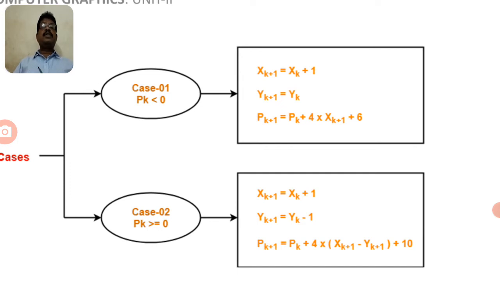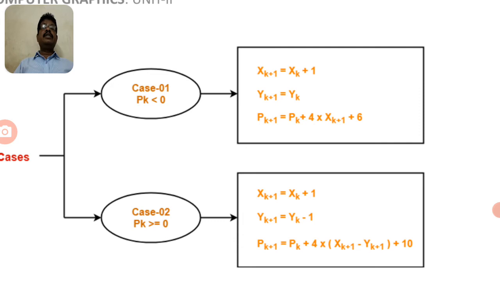Case 1: pk is less than 0, which is a negative value. If it is negative, the next coordinate values are xk plus 1 equals xk plus 1 and yk plus 1 equals yk. That means the x value is incremented, whereas the y value is the same as the previous one, that's why yk plus 1 equals yk.